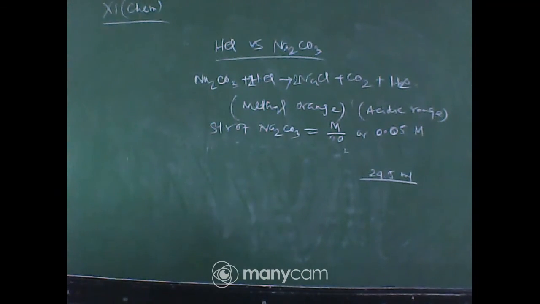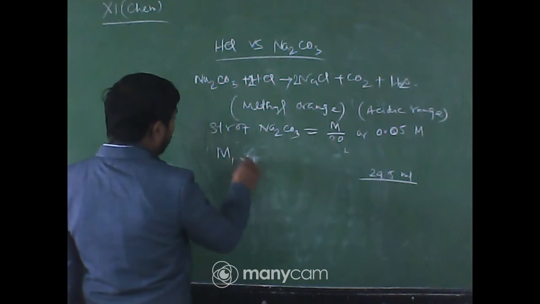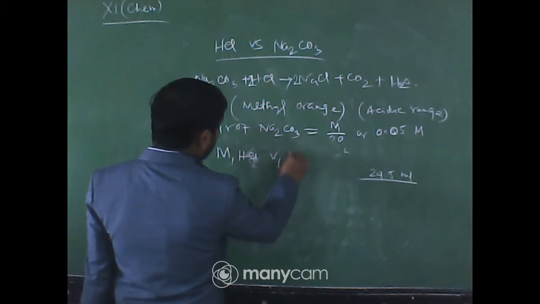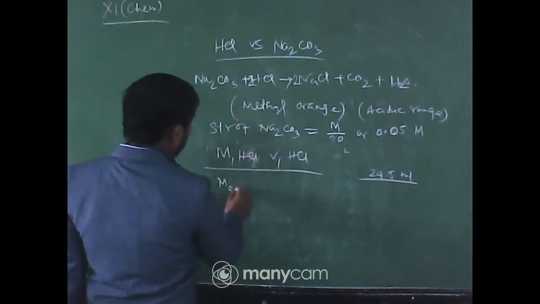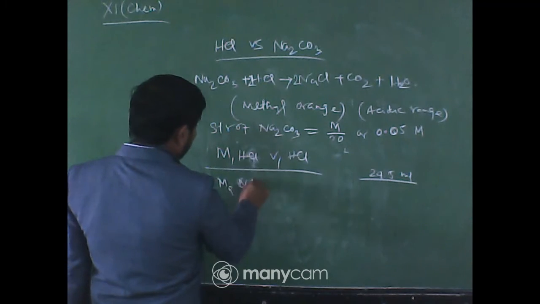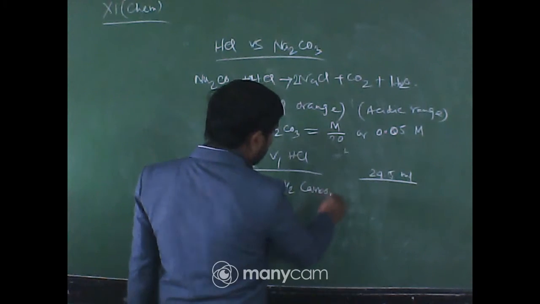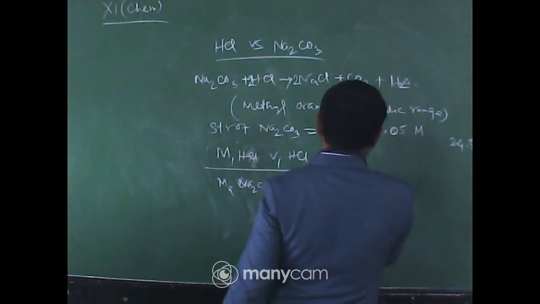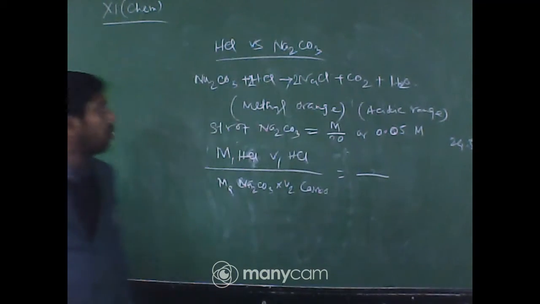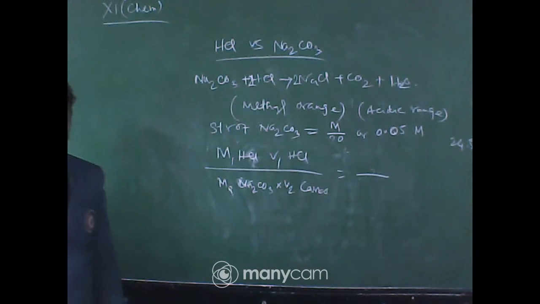Now how to calculate the strength: M1 V1 of HCl by M2 V2 of carbonate. 24.5 is the volume in ml. Now just follow this. What is the numerical coefficient in the balanced chemical equation?